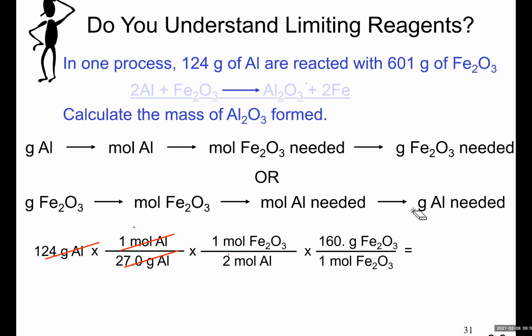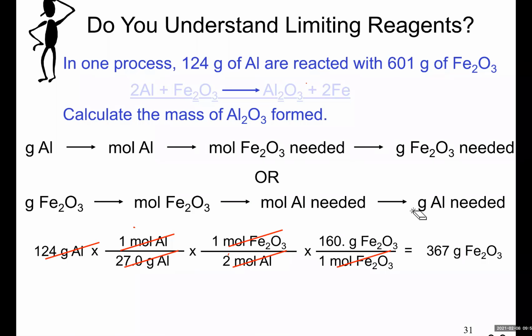Moles of Al from the top is canceled by moles of Al on the bottom. Moles of Fe2O3 is being canceled with the moles of Fe2O3, and the amount of Fe2O3 is 367. So what is this telling you guys? The amount of aluminum which we are given needs 367 grams of Fe2O3.